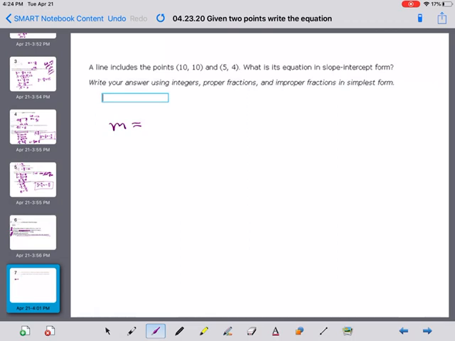All right, so the slope will be y2, here, let me label everything, y2 minus y1 over x2 minus x1. So that's -6 over -5. And remember, that could be just listed as 6 over 5 or 1.2.